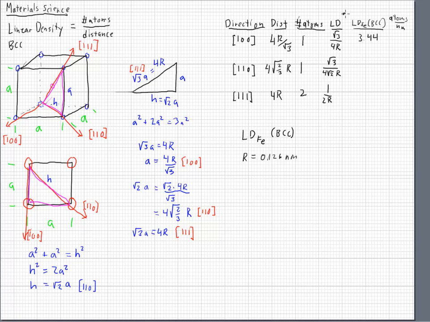Here we have units of atoms, and the distance is in terms of r. So we have 3.44 atoms per nanometer there.